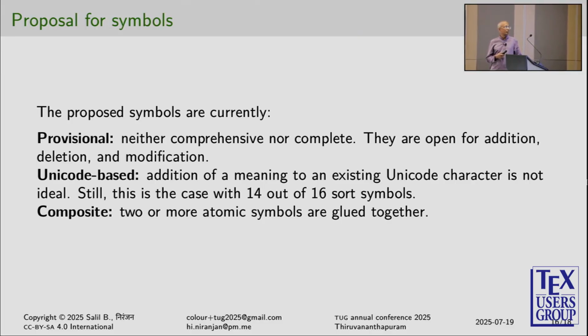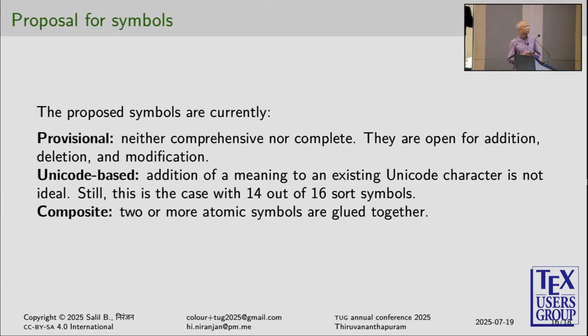They are Unicode based. This is actually not something ideal, because addition of a meaning to an existing Unicode character is not desirable. And still, this is the case with 14 out of the 16 symbols that we have proposed.